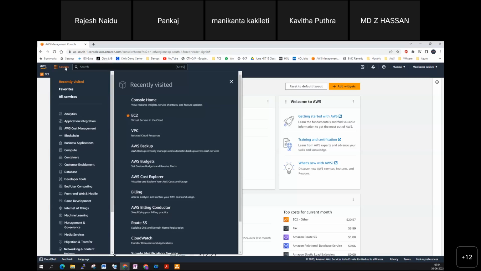Previously they didn't have cloud infrastructure, but slowly their infrastructure is moving from on-prem to the cloud environment.